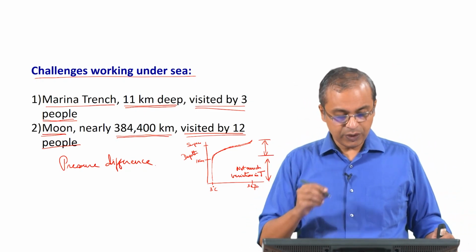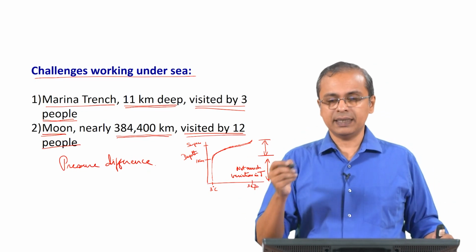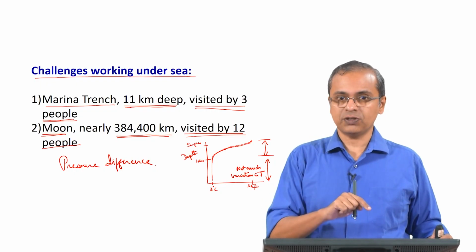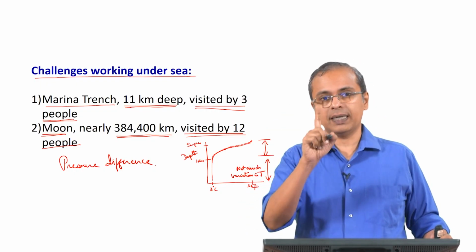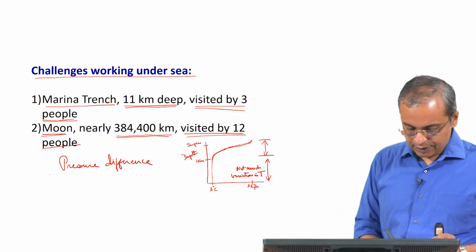So what is the challenge? When you go from the Earth to the moon, even though it is such a complicated activity, with so many dangers and difficult things involved, the difference in pressure when you go from the surface of the Earth into space is 1 atmosphere.